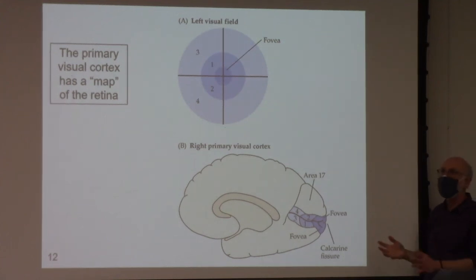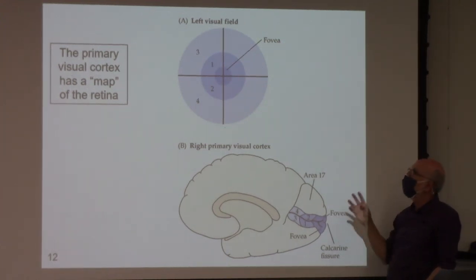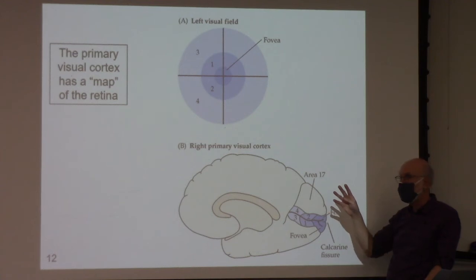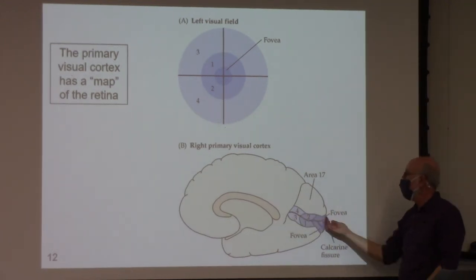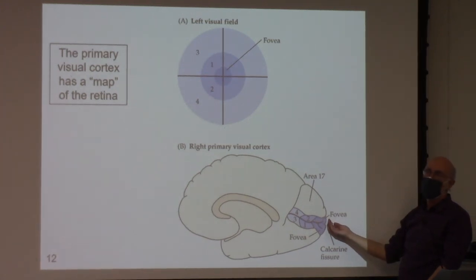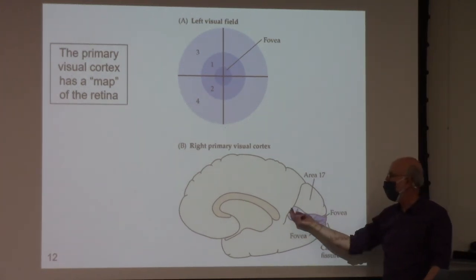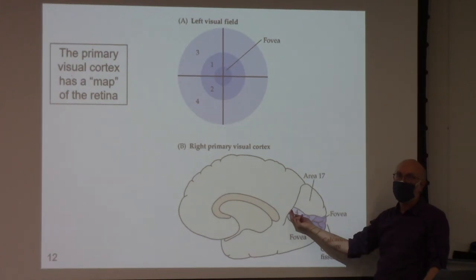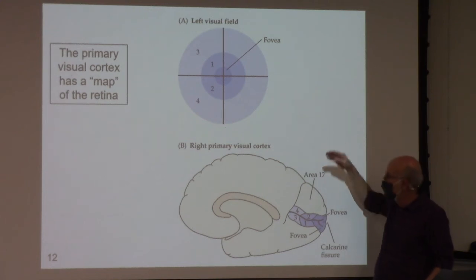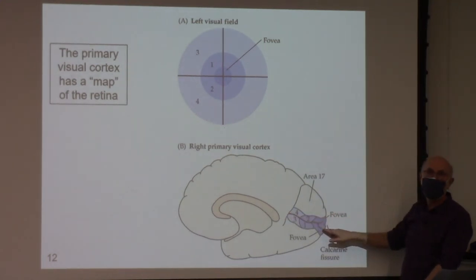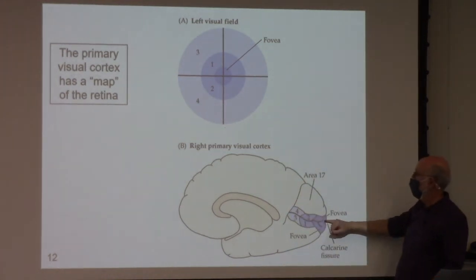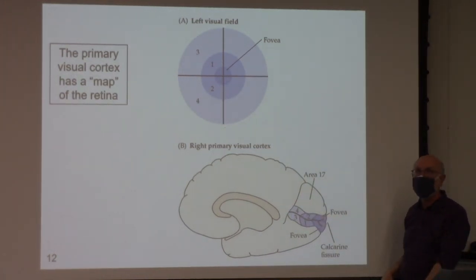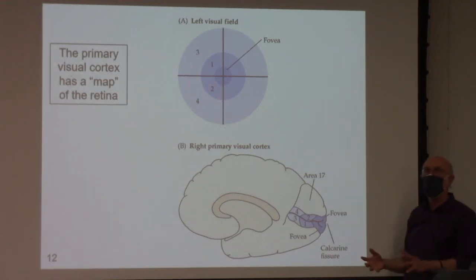So this is a crude map of the retina, of the left visual field, on the right cortex: fovea, posterior; periphery, less posterior. Upper half to the gyrus below the calcarine sulcus. Lower visual field to the gyrus above the calcarine sulcus. I do want you to know this general map.